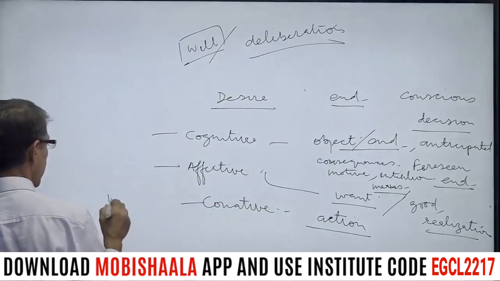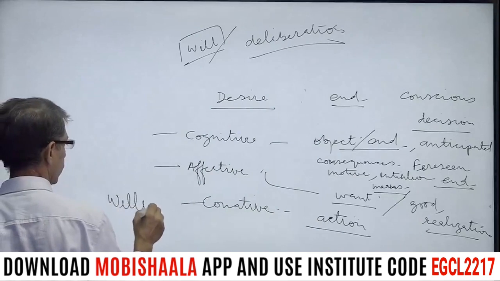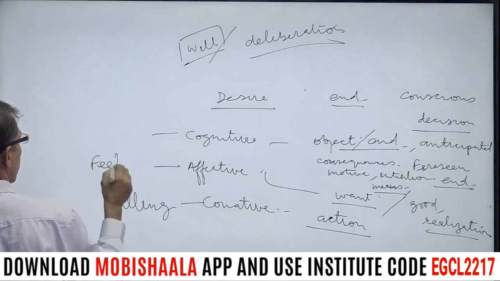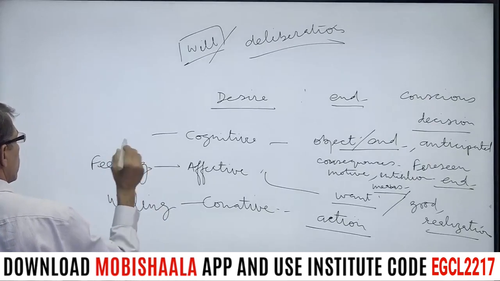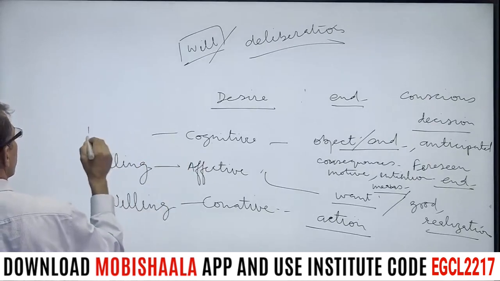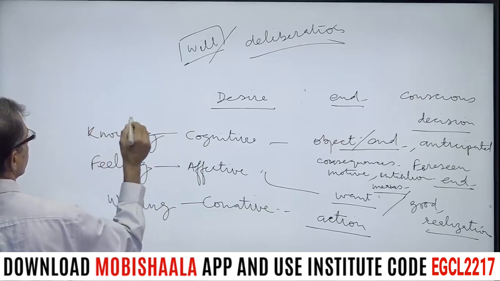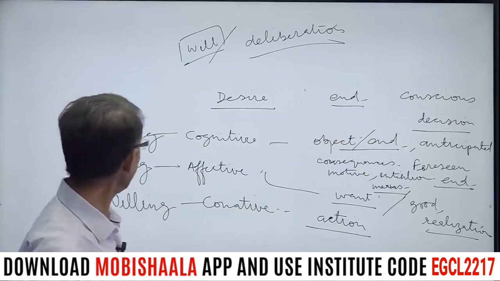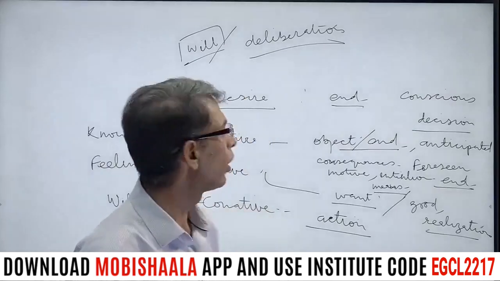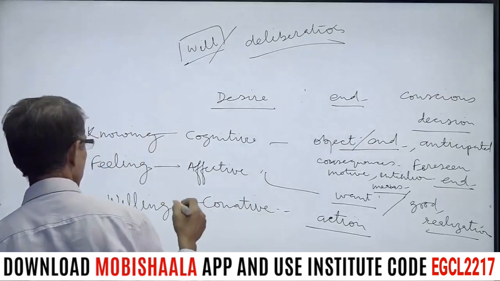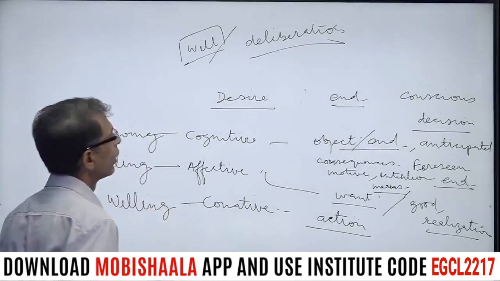So this is the willing aspect. The affective, as usual, is the feeling aspect. The cognitive, as usual, is the knowing aspect. So all three aspects are there: cognitive, affective and conative. And now we are going to discuss this.